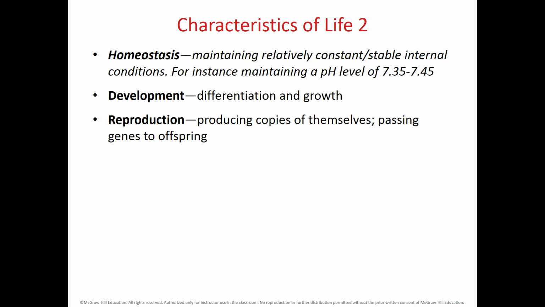So homeostasis by definition is maintaining relatively constant, stable internal conditions. For instance, within our body, we have to maintain a specific concentration of hydrogen, which is an atom, or a molecule.